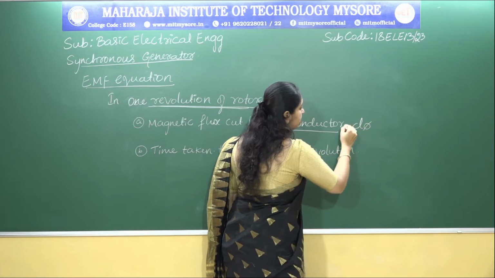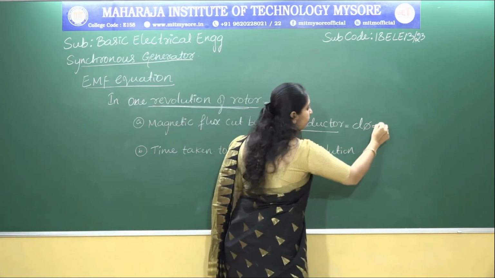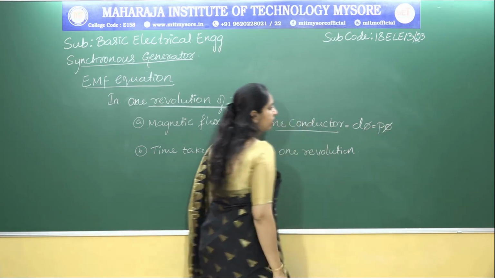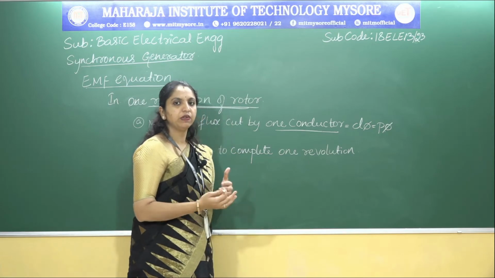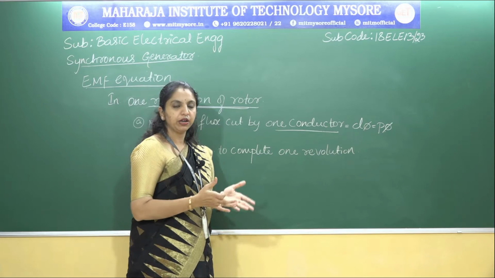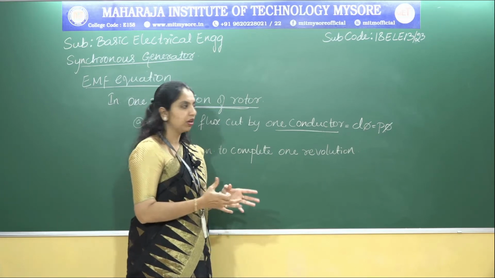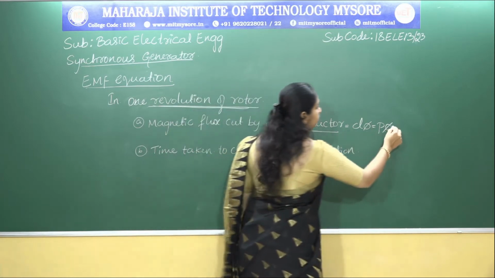So the change in flux can be represented as d phi, and d phi is equal to P phi, since the change in flux depends on the number of poles constructed in the rotor. Call this equation 4.